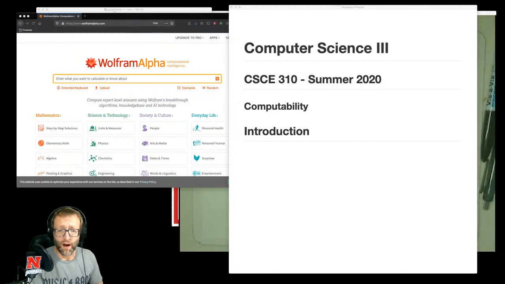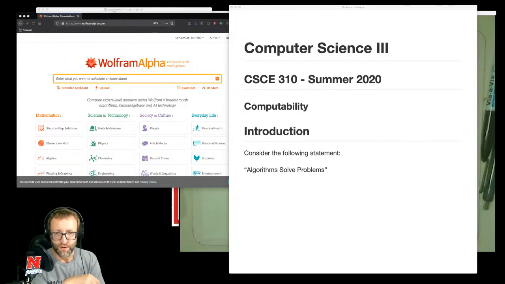So I'm going to go ahead and start out with giving you a motivational statement here, and then we're going to break that down. So first of all, consider the following statement. Algorithms solve problems. Now, before I talk about this actual statement, first of all, you'll note that I didn't say computers solve problems.